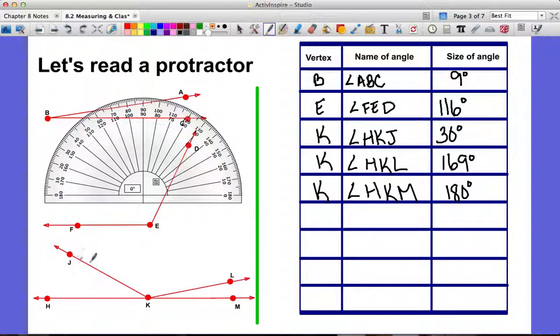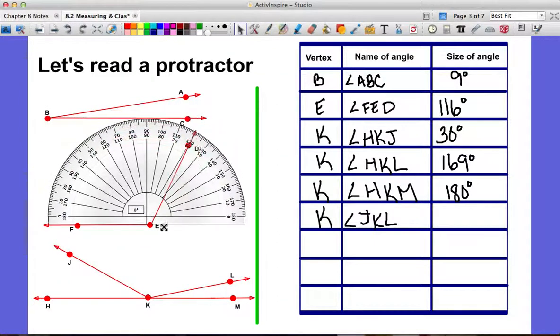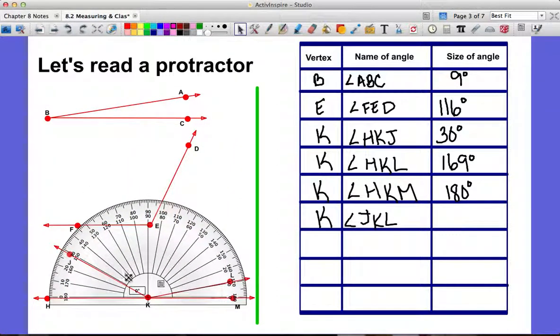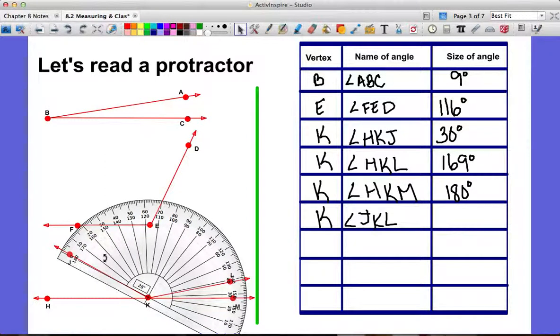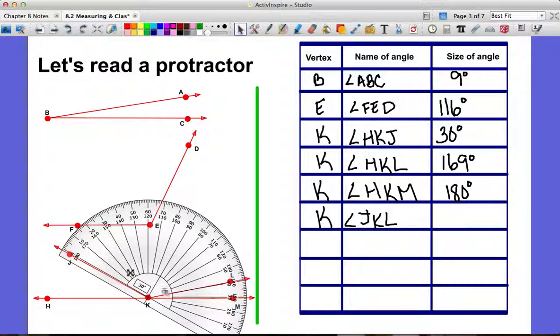So if I go from J to K to L, I have made another angle. K is my vertex. I have angle J, K, L. So now to measure, I'm going to bring this down, put it on the center. Now I have to turn my protractor to keep that line on that bottom part of the angle. This is where it gets a little bit tricky.